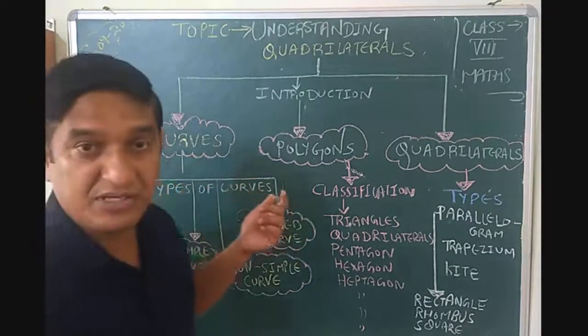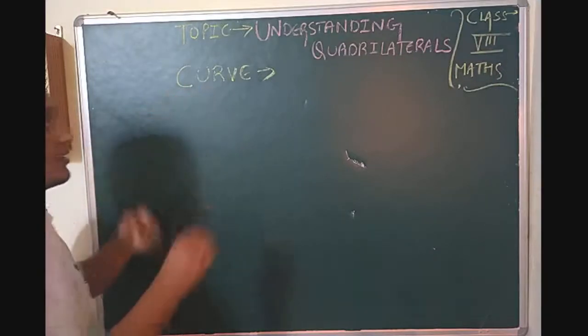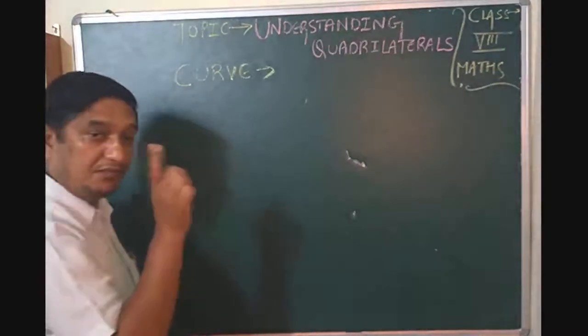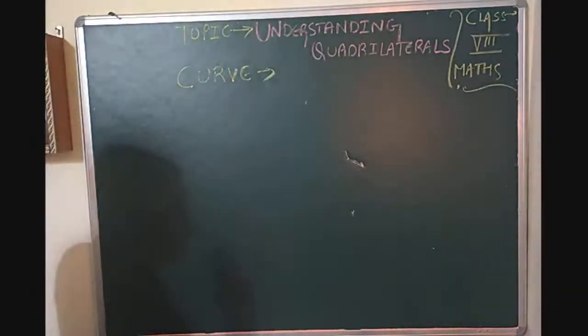Now children, pay attention everyone. Now children, we will start with curve. Curve is what? Simply you have to remember, a curve is a continuous and smooth flowing line.